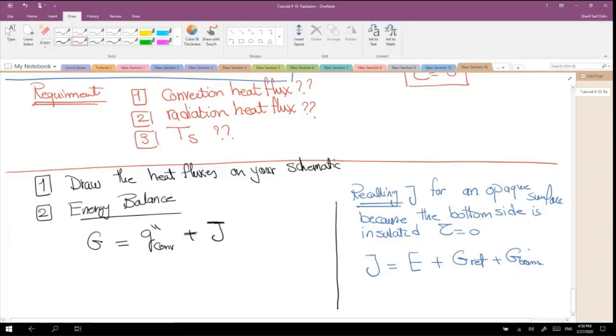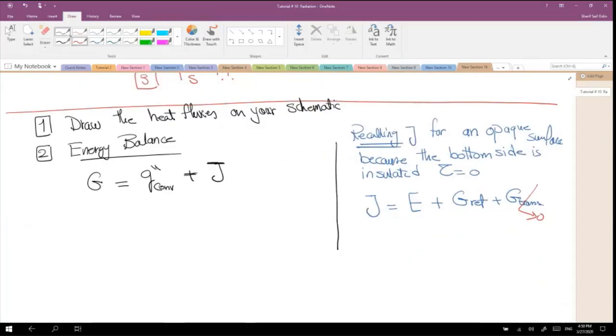So here, as I told you, it's an opaque surface, so this tau term is going to be cancelled out. And J is equal to epsilon sigma Ts to the power 4 plus rho multiplied by G. Also for an opaque surface, rho plus tau plus alpha is equal to 1.